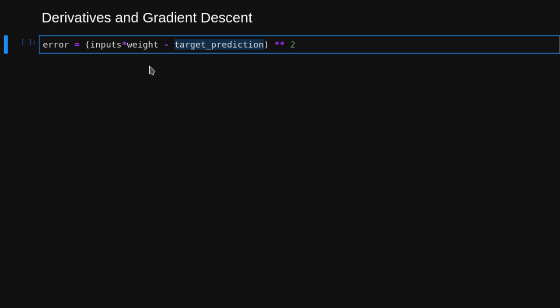So the only two variables in the actual mathematical sense here are the error and the weight. So this is the equation that describes the error in terms of weight. And it turns out that this is exactly the kind of equation we will be able to apply derivatives to in order to understand how to change the error by tweaking the weight.